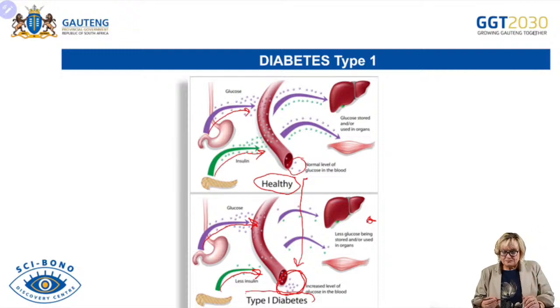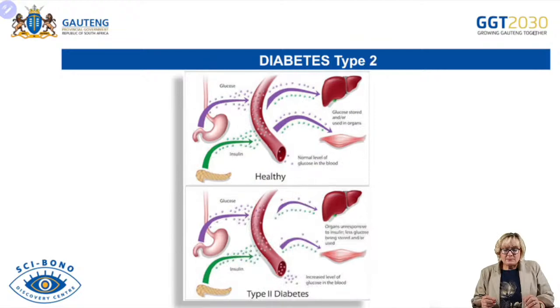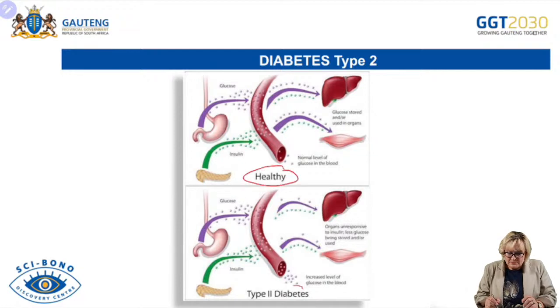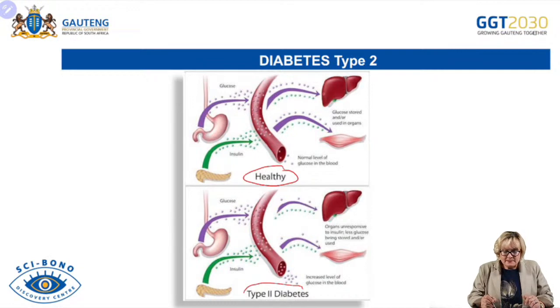Now, if we look at type 2 diabetes, once again we have a healthy person, and here's the type 2 diabetes person. What is the difference? Same as in type 1, in the healthy person glucose is being absorbed into your bloodstream. Insulin is secreted, and you have a normal level of glucose.